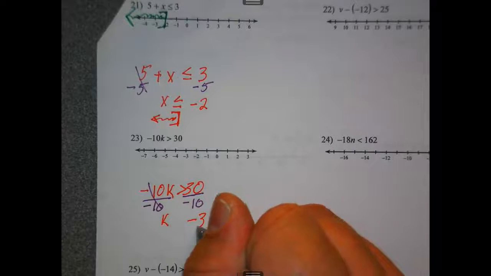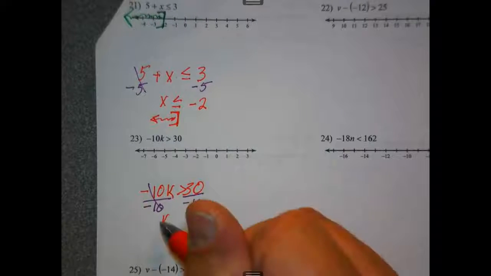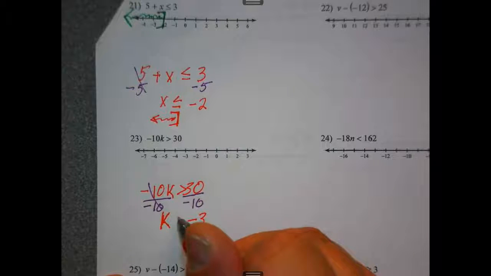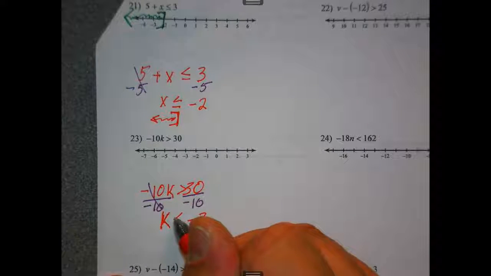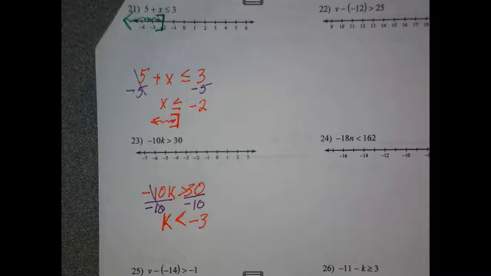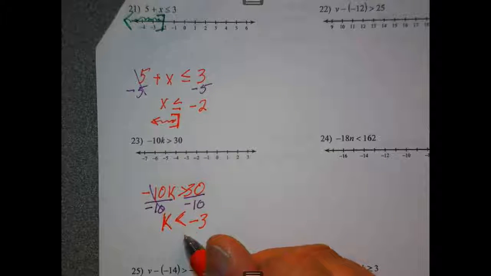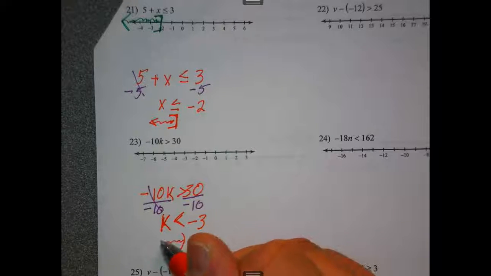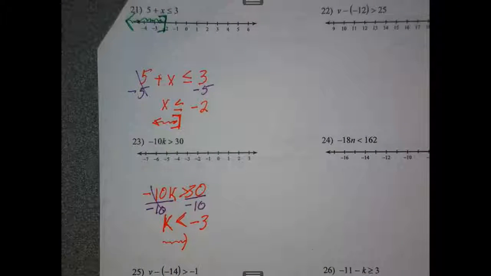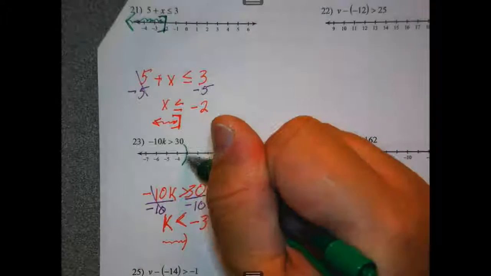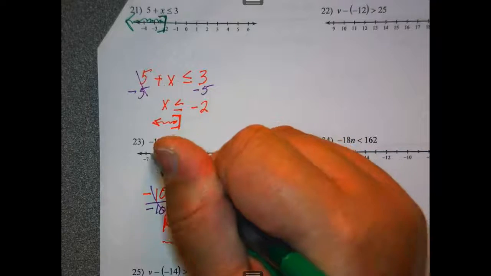What do I have to do with the inequality sign? Flip it because I'm dividing by a negative number. Less than -3. So my graph, no equal sign, going to be curved going to the left. So at -3, going to be curved to the left because I'm shading to the left.